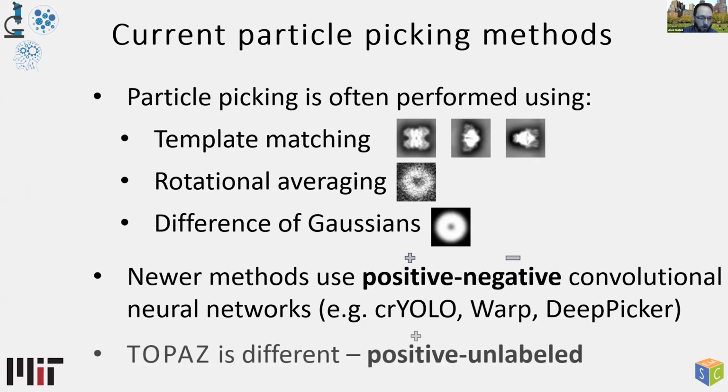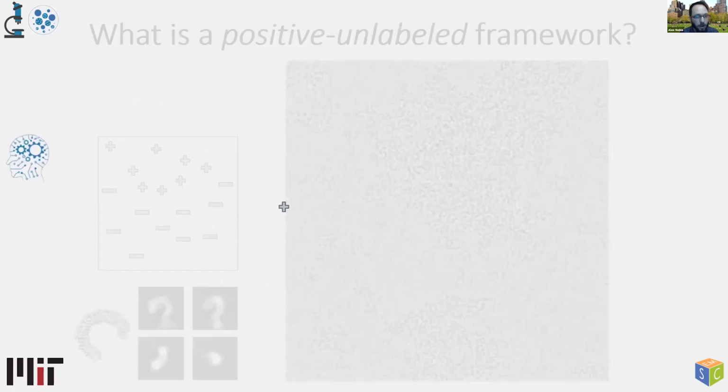Now, Topaz here is different. It uses a new neural network framework that is positive unlabeled. So as you may note, there's no negative here, you don't actually have to know where your particle is not located. So it removes some of the practical issues of actually training the model on your particular data set.